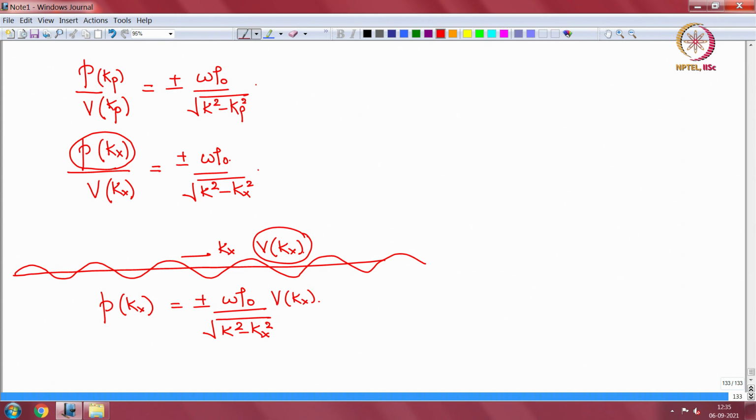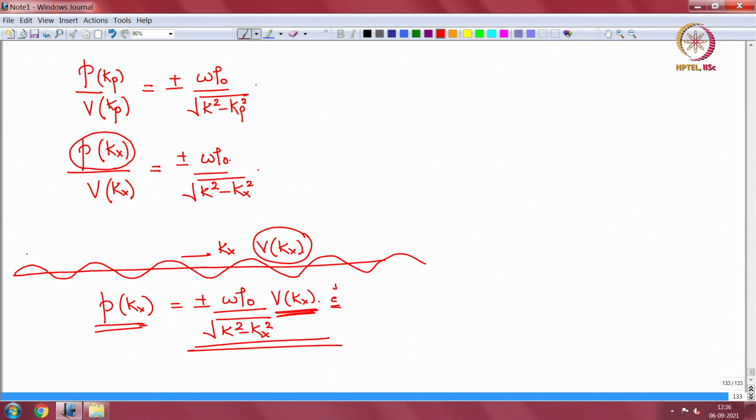There will be the related propagators, e to the power j omega t etc. on both sides, but this is the amplitude. So a single wave number moves on the panel with this velocity amplitude.